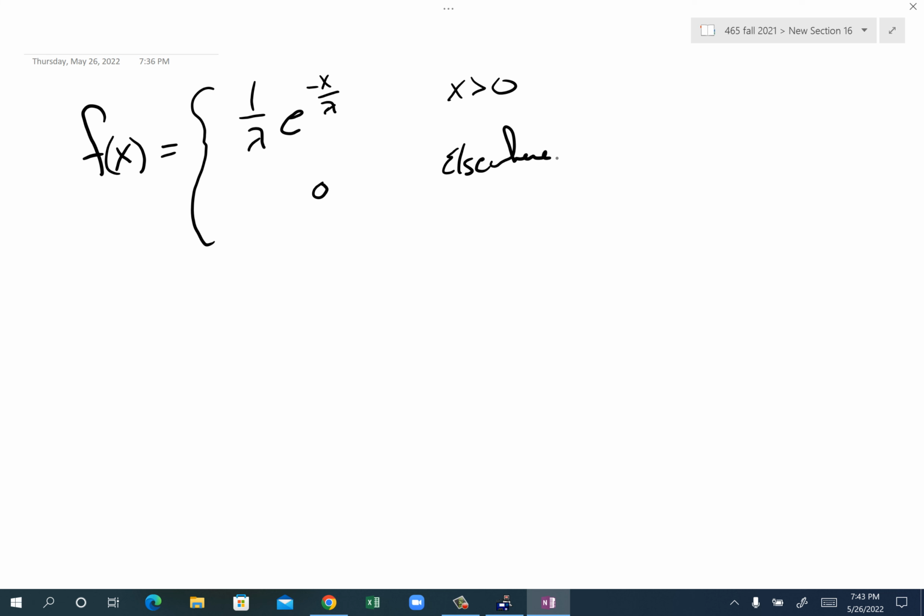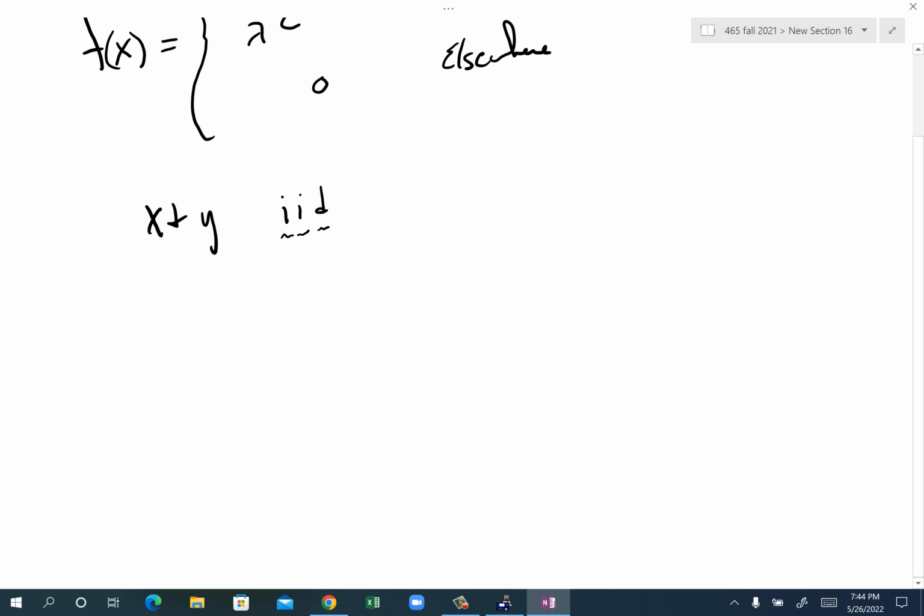Now, check this out. Suppose I told you that x and y are identically, independently distributed. Identically means they have the exact same distribution. They're independent, which means when I say the probability of x and y, I'm going to be multiplying them.